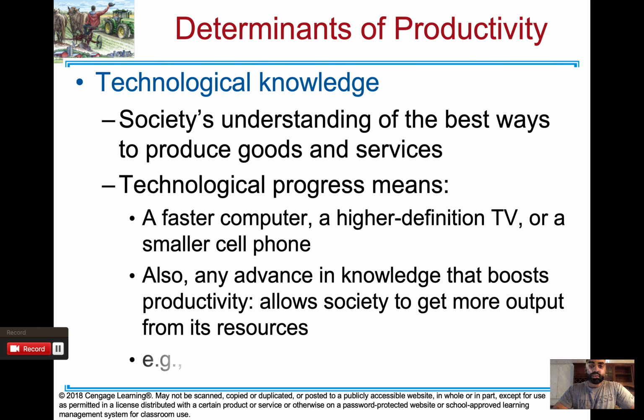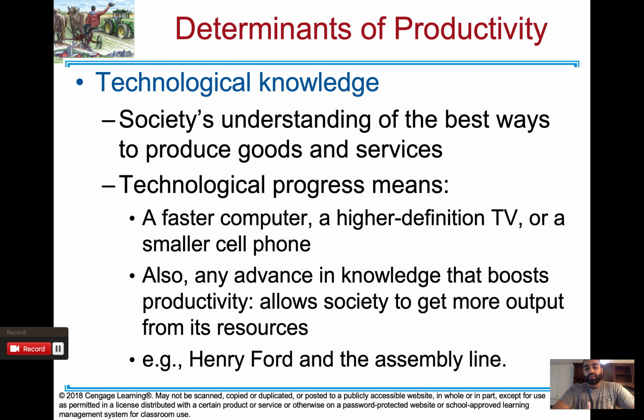Technological knowledge. Society understanding the best ways to produce goods and services. If you don't have technological knowledge, or you don't know how to use your resources in the most efficient way, you're basically useless. You need to be able to use your physical capital combined with your human capital, combined with technological knowledge, all mushed together in order to produce something much more efficient.